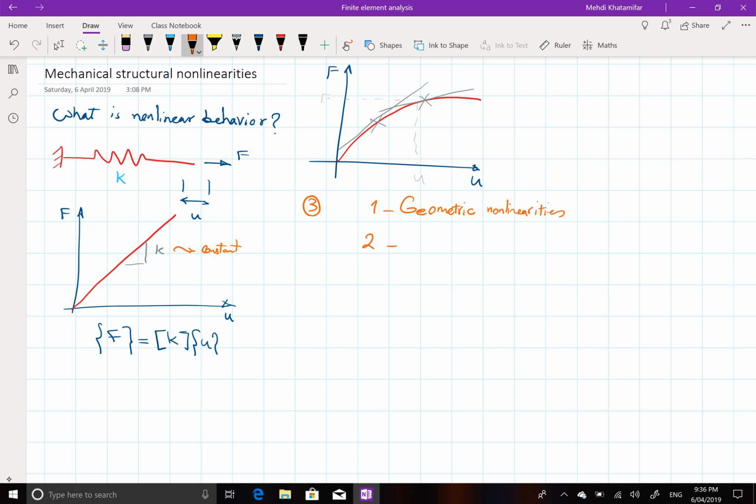The second one is going to be material nonlinearities, and the third one is going to be contact. So what I mean when I say geometric nonlinearities, imagine you have a fishing rod. If you start stretching the fishing rod more than it can tolerate, it is going to show us some nonlinear behavior.